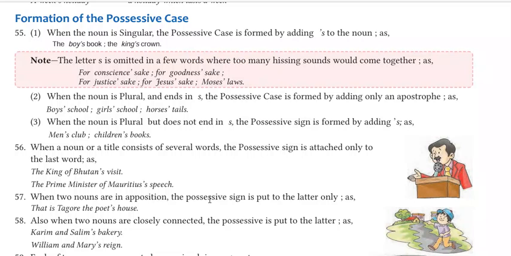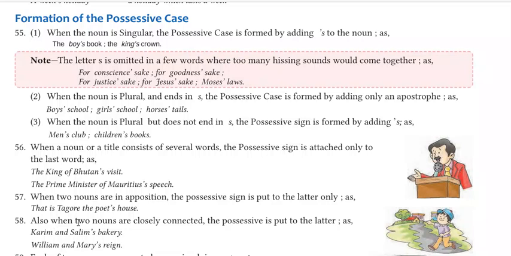So in apposition we put the apostrophe on the second one. For example, Tagore the poet's house. Who is Tagore? He is the person, the poet. So it means the poet's house.